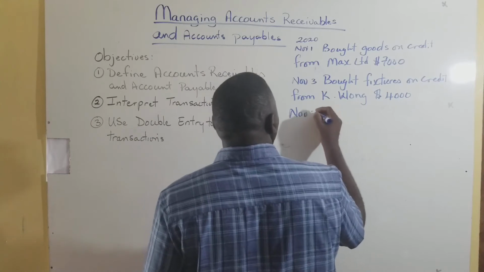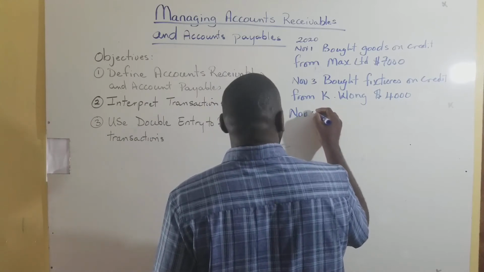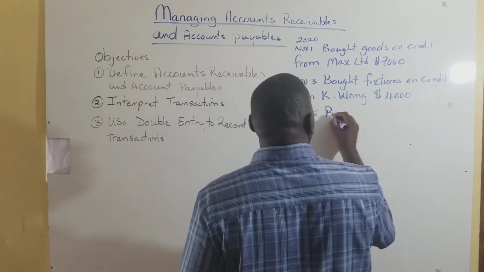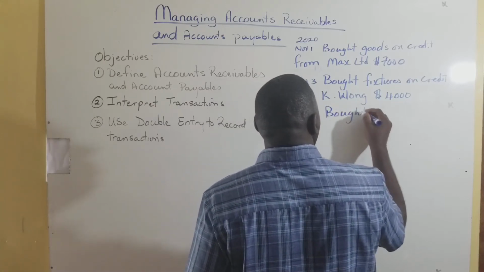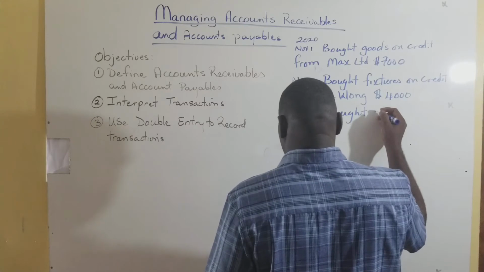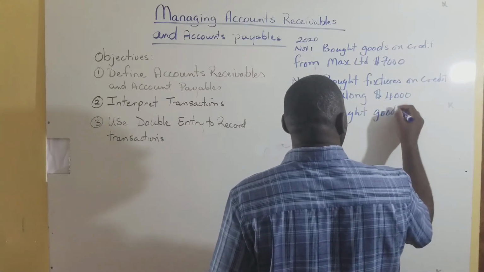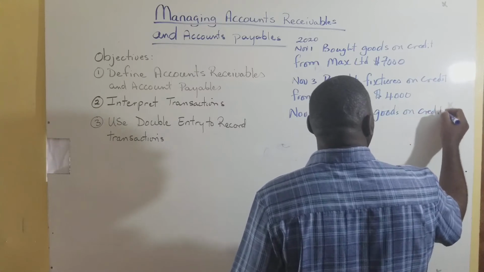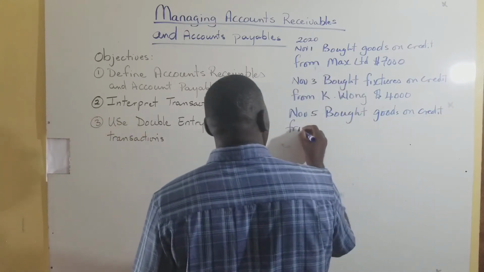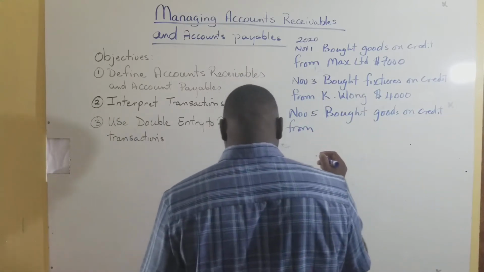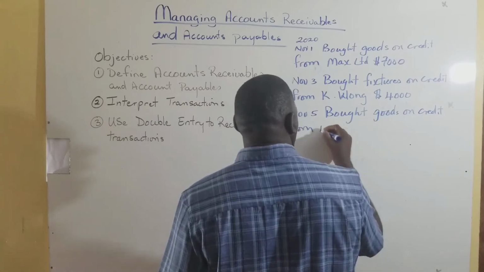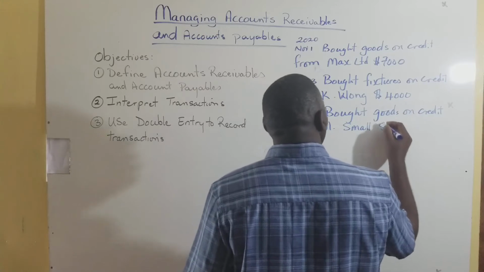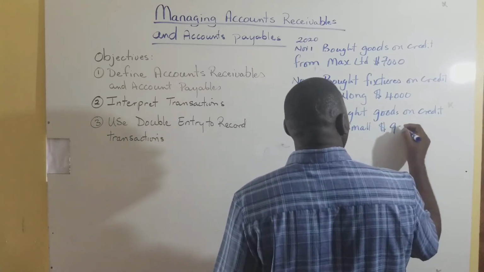November, let's say November 5, we bought goods on credit from M small, a total of $900.